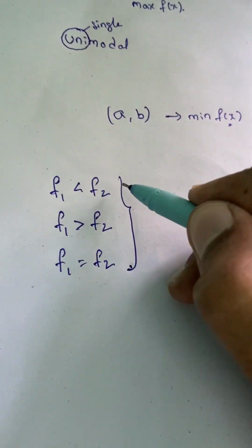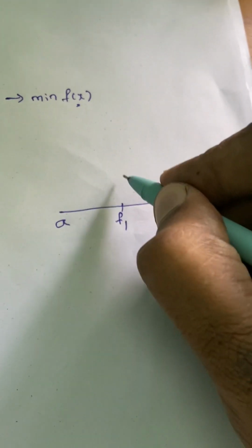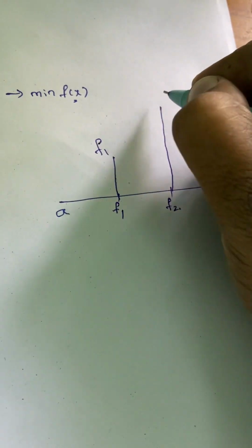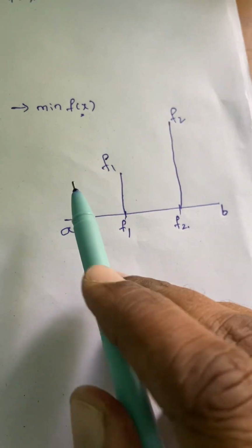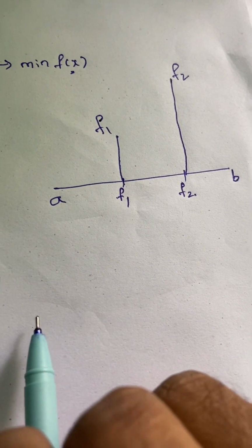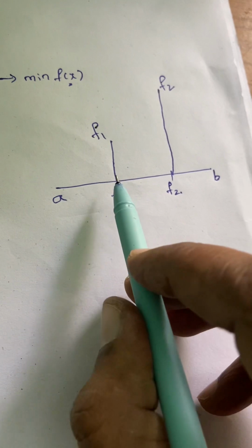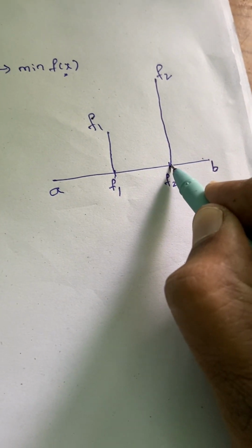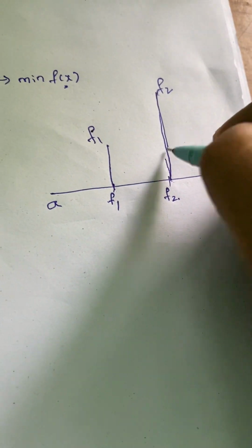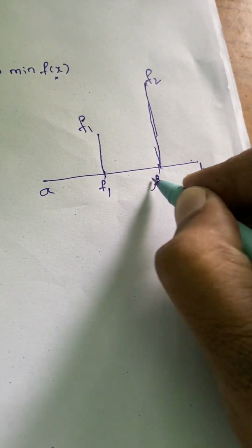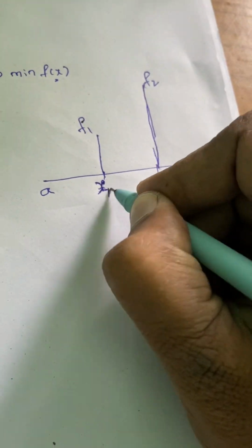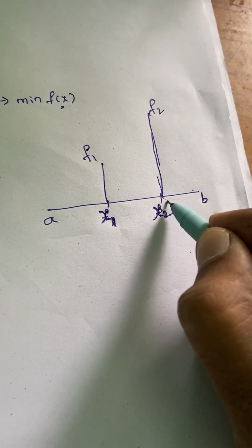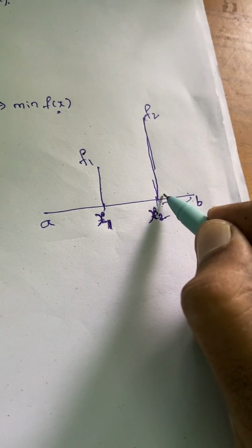First, consider f1 less than f2. The interval will be like this. This is f1 and this is f2. The function is to find out the minimum value. Here, if f1 is less than f2, you can see that beyond x2, the value of the function is increasing. So beyond x2 to b, the function value is larger.